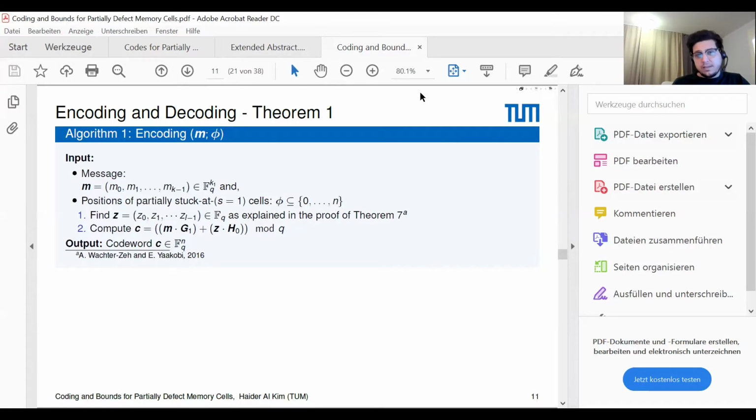This Z multiplied by H0 is the masking vector added to this M multiplied by G1. We combine them, and this is a codeword of the code C, and we can show this in our proof.